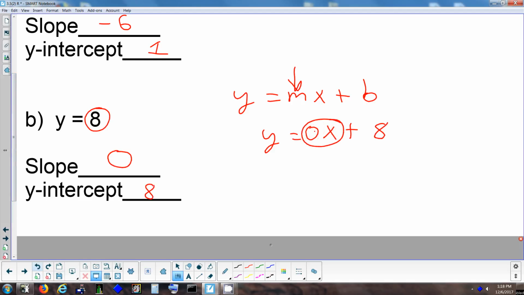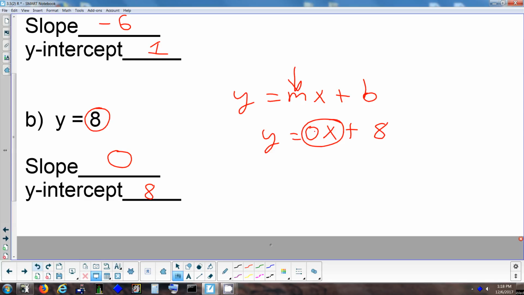Okay, any questions on 1B? Sydney? So basically, if it's y equals a number, the slope is 0.